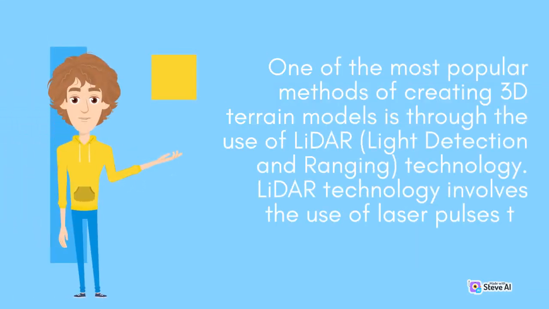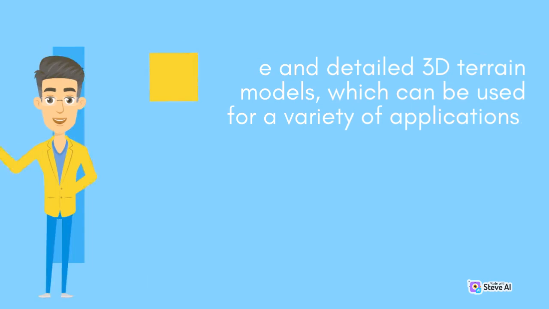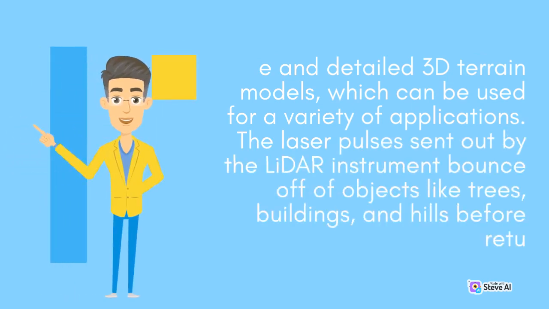One of the most popular methods of creating 3D terrain models is through the use of LiDAR, light detection and ranging, technology. LiDAR technology involves the use of laser pulses to create accurate and detailed 3D terrain models, which can be used for a variety of applications.